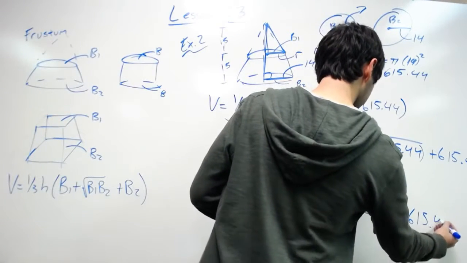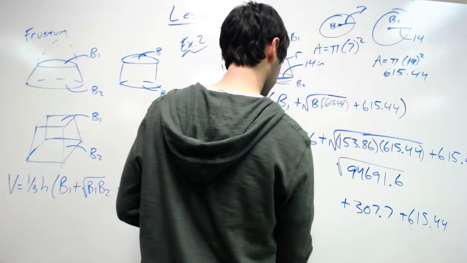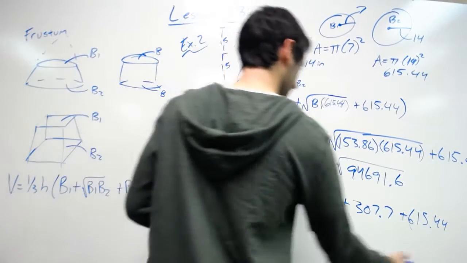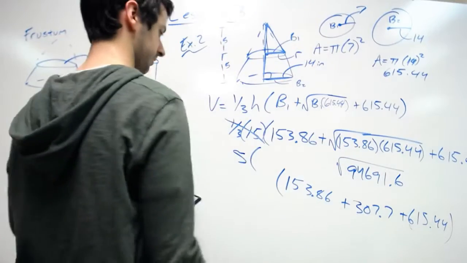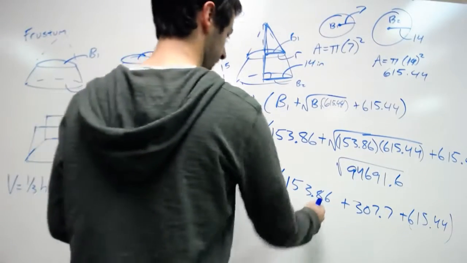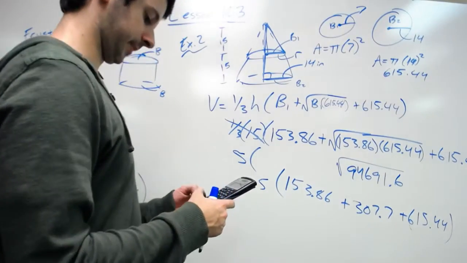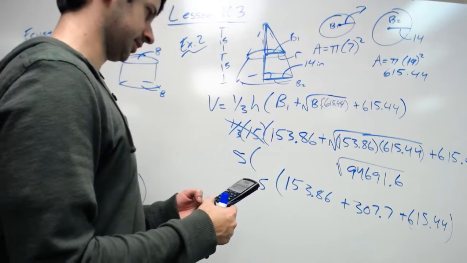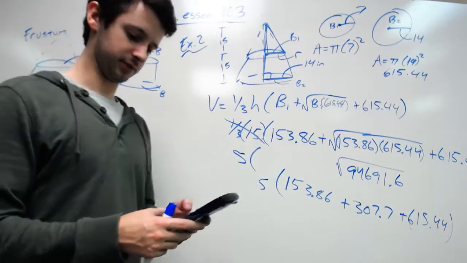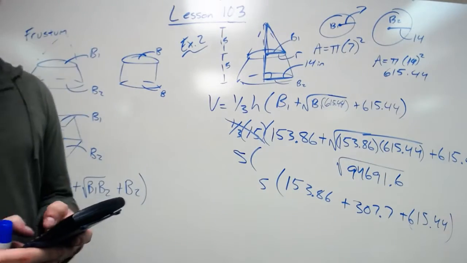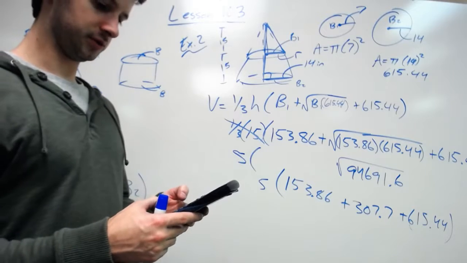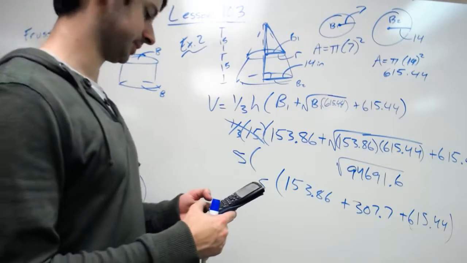And now I can add all the other numbers here. So 153.86 plus 307.7 plus 615.44 equals 1077. Oh wow, it comes out to a perfect decimal.